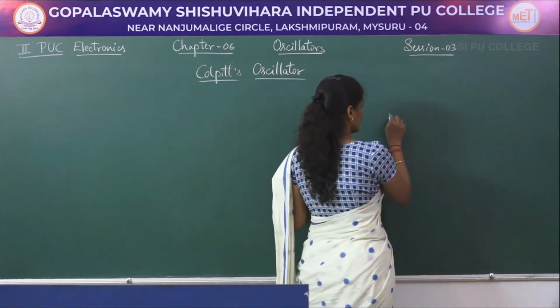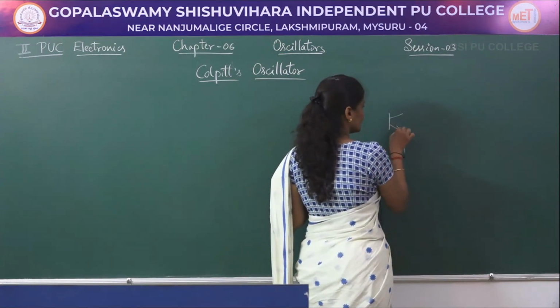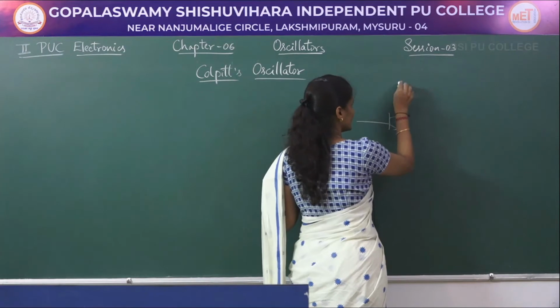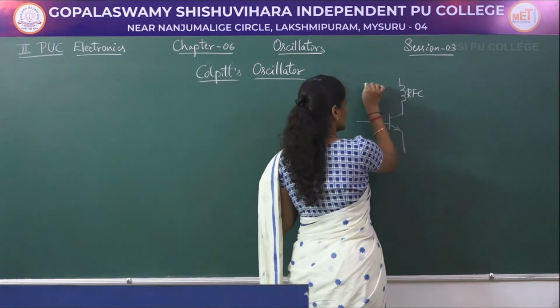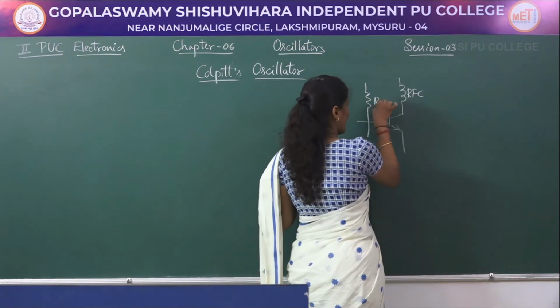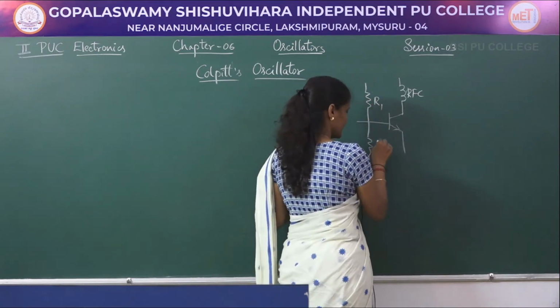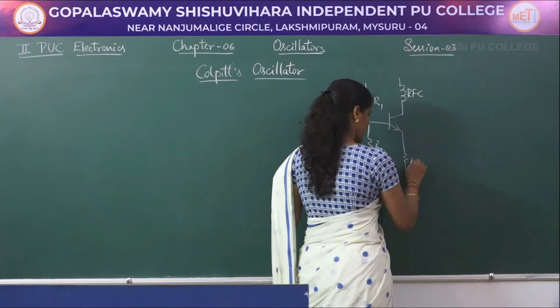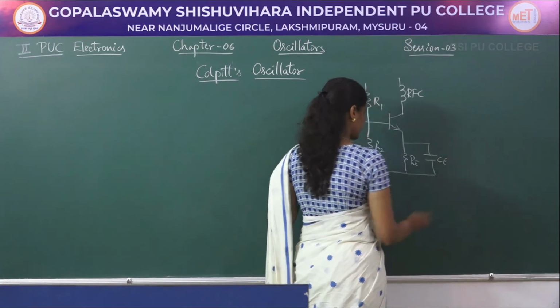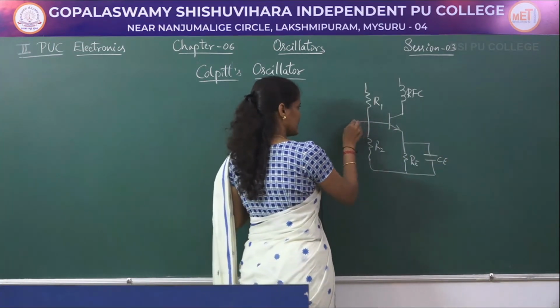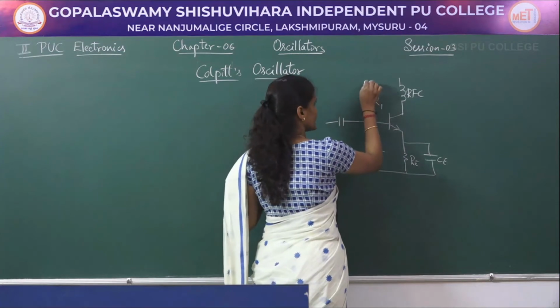For the amplifier, again we are going to use a transistor, that is an NPN transistor. Here it is an RFC, that is the radio frequency choke, R1, this is R2, RE, where a capacitor will be connected, which is called CE, that is the bypass capacitor. Here we have a coupling capacitor.